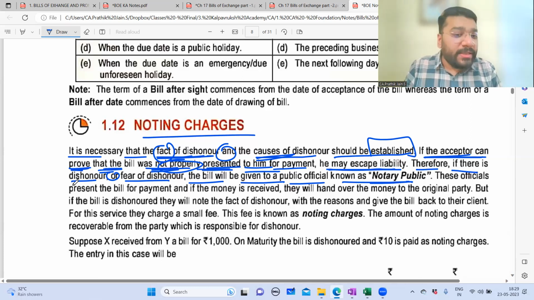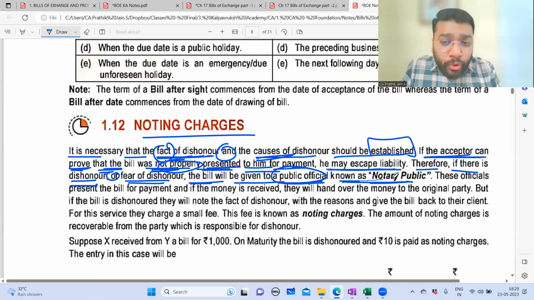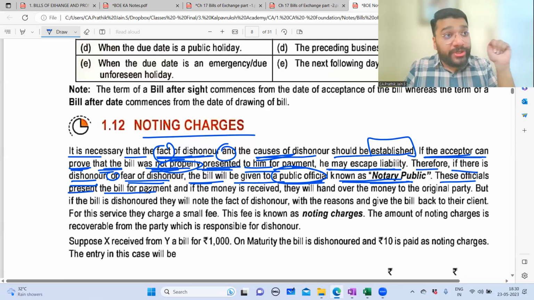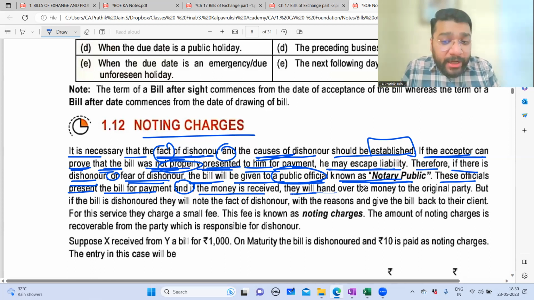Therefore, if there is a dishonor or a fear of dishonor, the bill will be given to the public official. Public official means government official, known as notary public. These officials will present the bill for payment, and if the money is received, they will hand over the money to the original party, which is the seller.